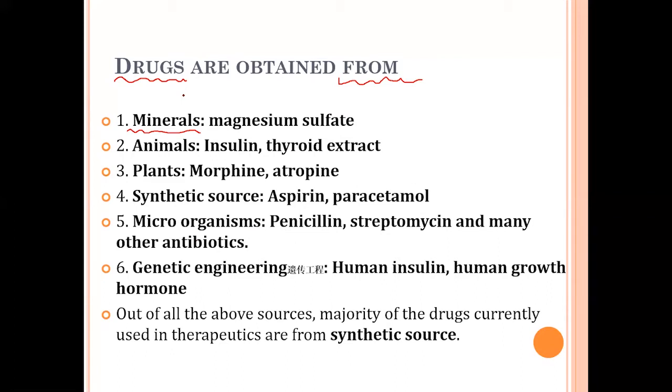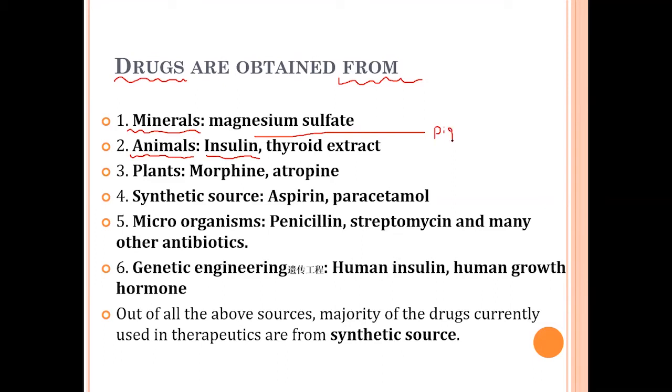Some medication may come from animals. We use animals as part of our medication. The typical medication coming from animals is insulin. Insulin mostly comes from pigs.